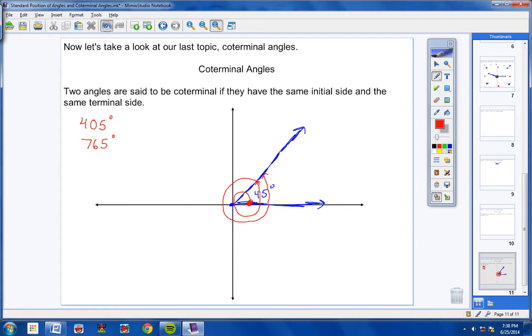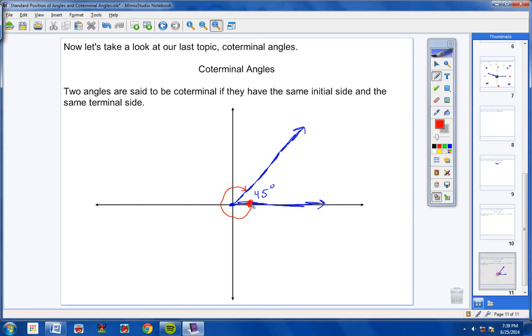Now, what if I asked you to find a negative coterminal angle for 45 degrees? Well, remember, a coterminal angle must start on the same initial side, and it has to rotate to the terminal side. So there, I did it. Did I not start on the initial side? Yes, I did. Did I not rotate to the terminal side? Yes, I did.